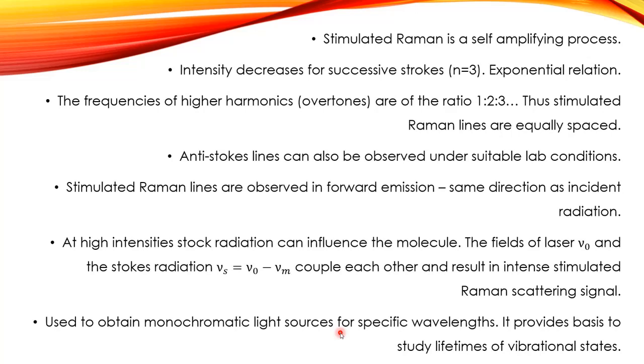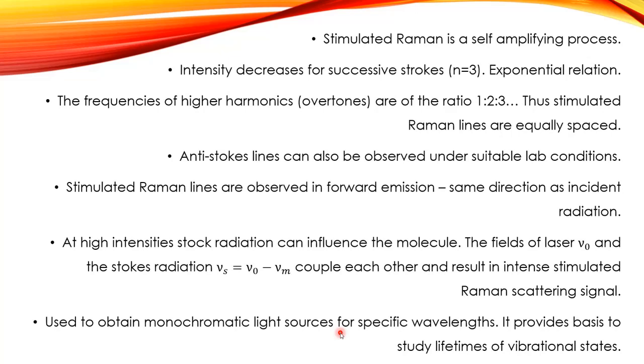The intensity of the successive Stokes lines, say up to n equal to 3, has an exponential decay relation. The frequency of the higher harmonics, or what we call overtones of the first frequency line we observed, is in the ratio 1:2:3, etc. That is, all lines are equally spaced.